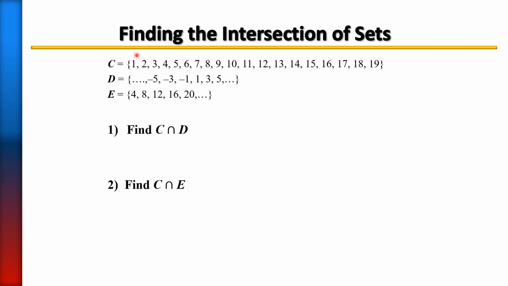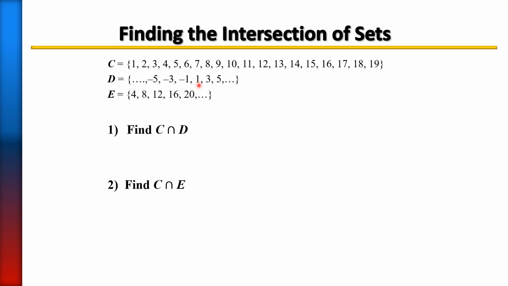So if we focus on just set C and D, we want to see what these two sets share in common. What are the members that they share in common? Being that the counting numbers start at 1 and they're all positives, it would not include any negatives.